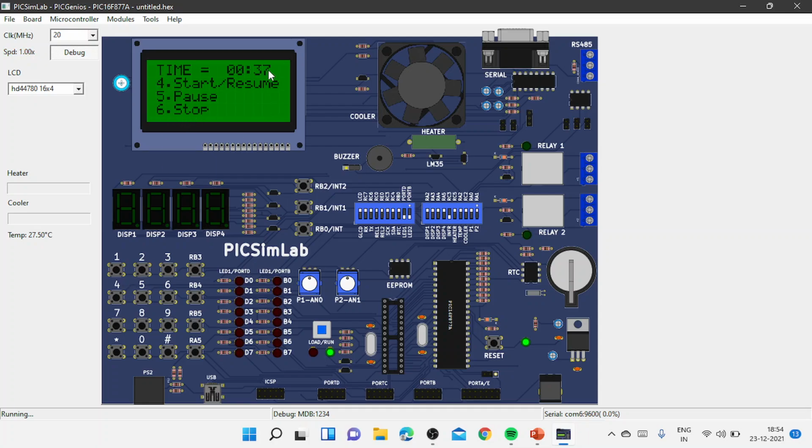If we want to resume, we can click this switch 4. Now it will not increase the timer by 30 seconds, because whenever the process is paused, if you click switch number 4, it will automatically resume the process.